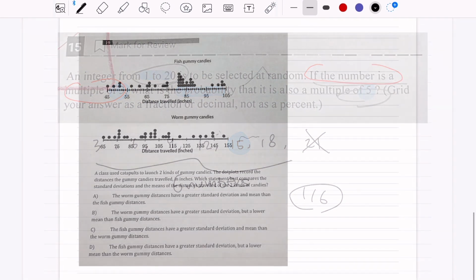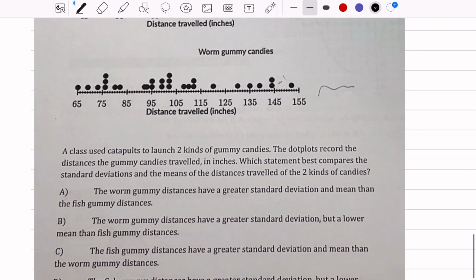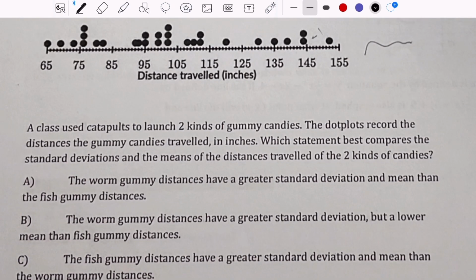Next question is number 19. The question says a class used catapults to launch 2 kinds of gummy candies. The dot plots record the distance the gummy candies travel in inches. Which statement best compares the standard deviations and the means of the distance traveled of the 2 kinds of candies?